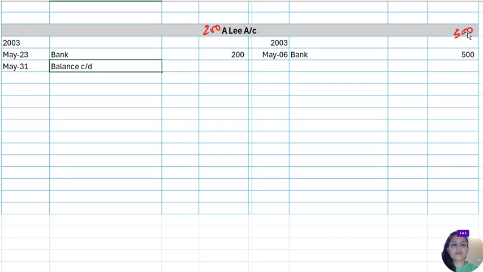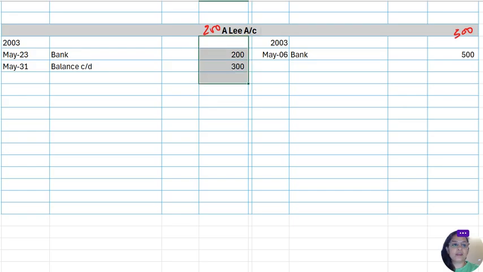When you subtract the least amount from the most, which is 200 from 500, you will get the difference, which is 300. So the difference, 300 carried down, means that we are owing ALE 300 at the end of the month.